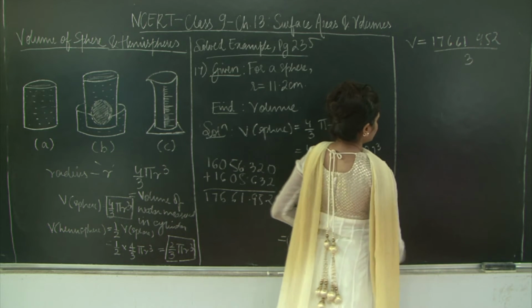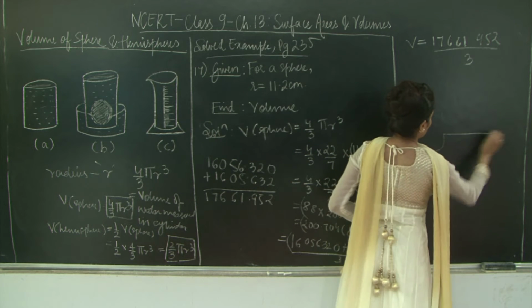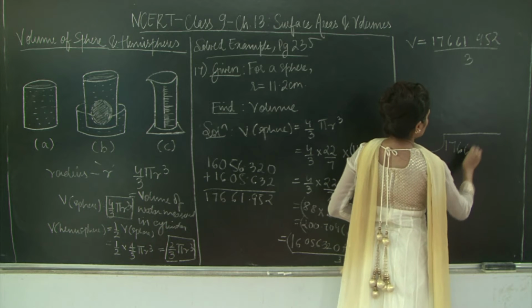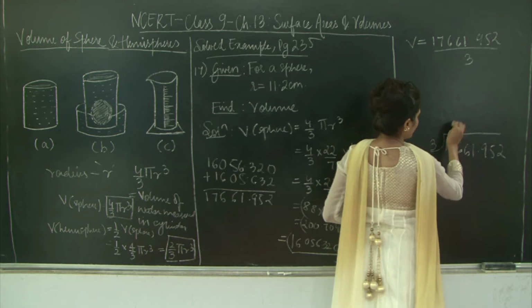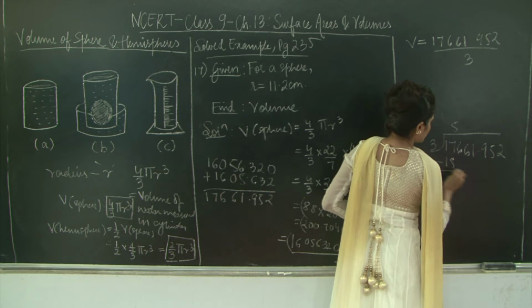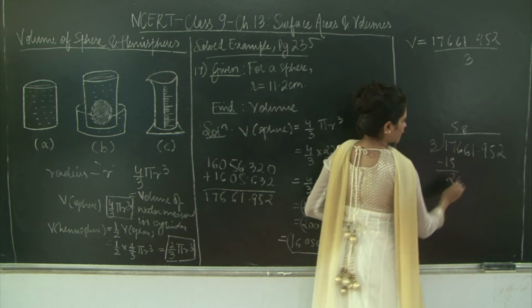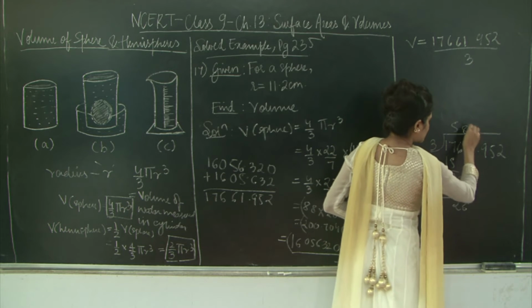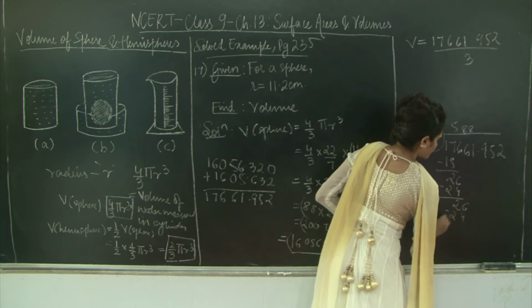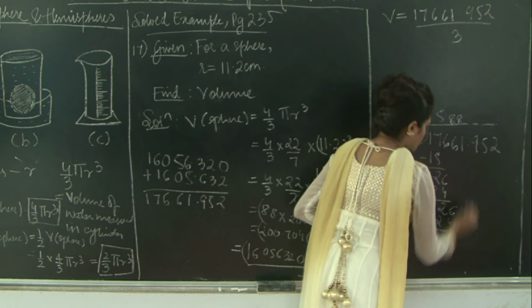Let's calculate. 17661.952 divided by 3. So 3 5s are 15 minus 2, 3 8s are 24 minus 2, 3 8s are 24, 2 and 1 comes down.